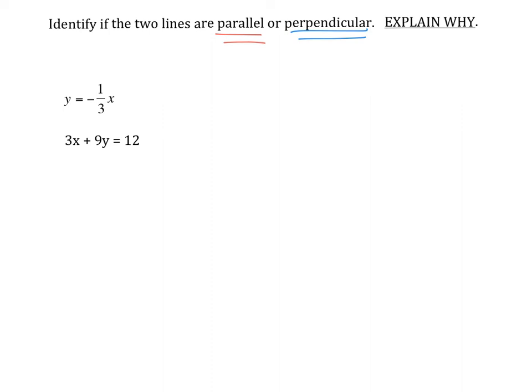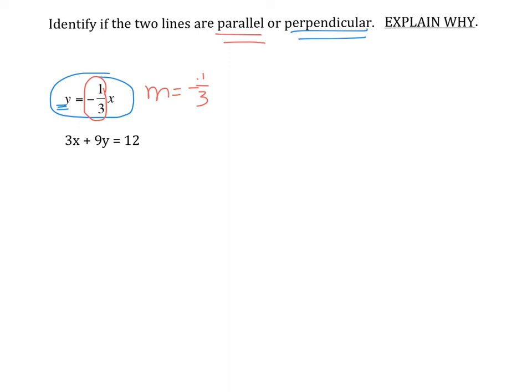If I take a look at the first equation here, I see that it's in slope-intercept form already. It's easy to find the slope. I know that because the y is isolated on the left, which means that I can safely go straight to my slope, my number being multiplied by x of negative 1/3, and I can say that the slope of this line is negative 1/3.